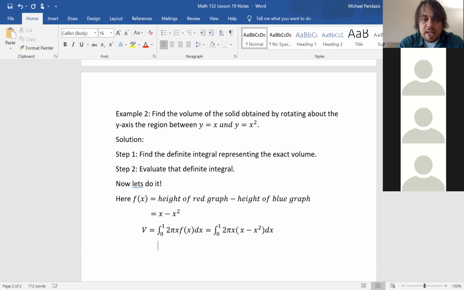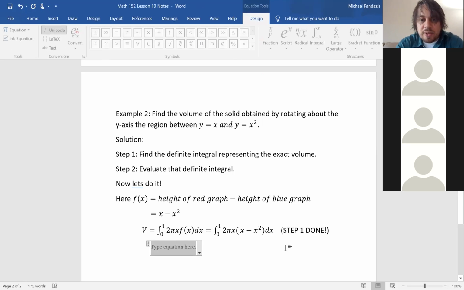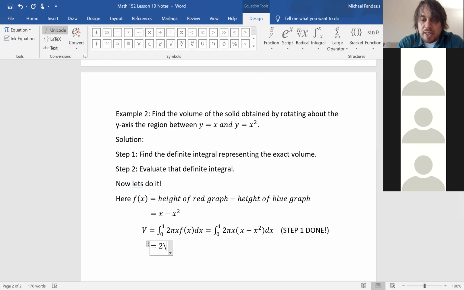And so then you calculate, that's step 1. Okay, so step 1 is done. Now to continue, we're going to evaluate that definite integral, and that's step 2. So it's 2 pi times the definite integral from 0 to 1 of x squared minus x cubed, because you're multiplying x times x minus x squared dx.